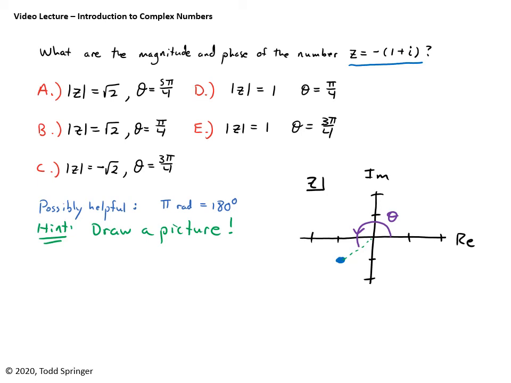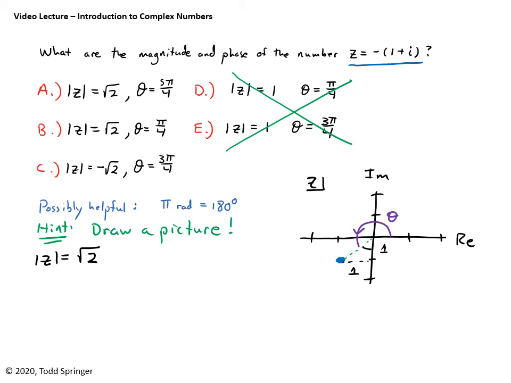Okay, so because I know that this distance here is 1 and this distance is 1, this angle must be 45 degrees, and so the magnitude of z must be equal to the square root of 2, which eliminates these choices.